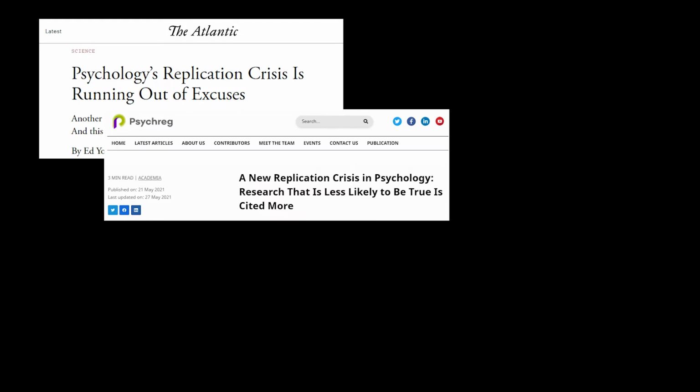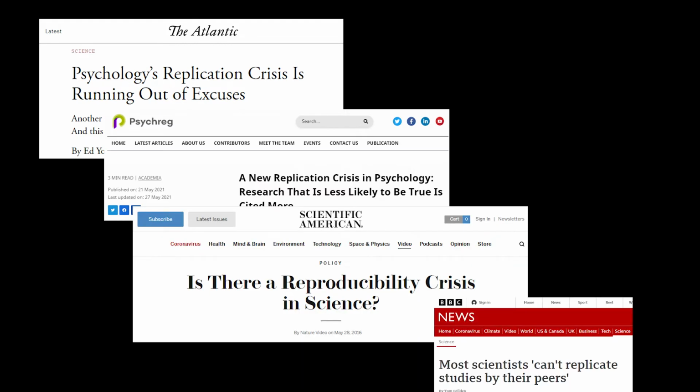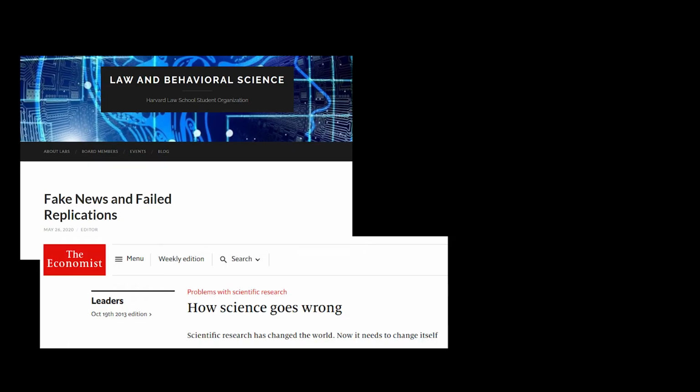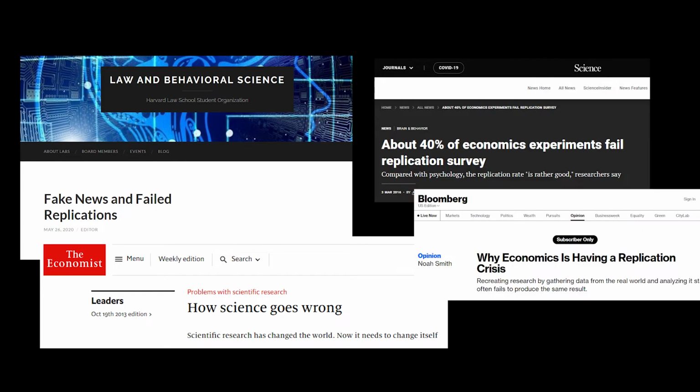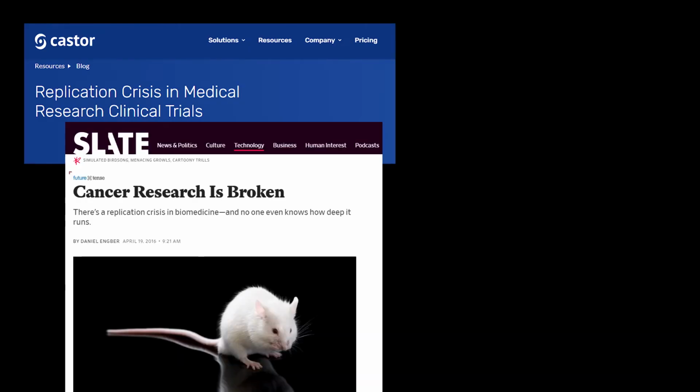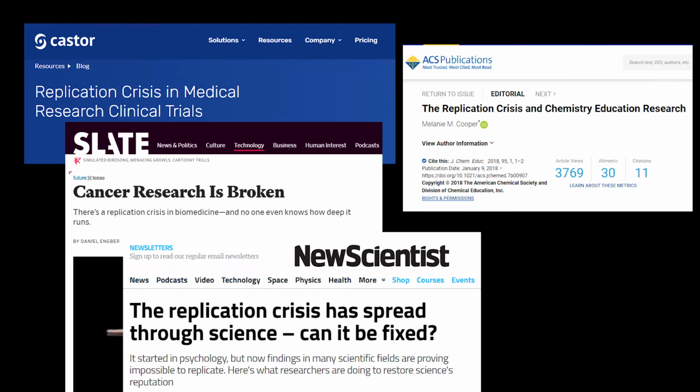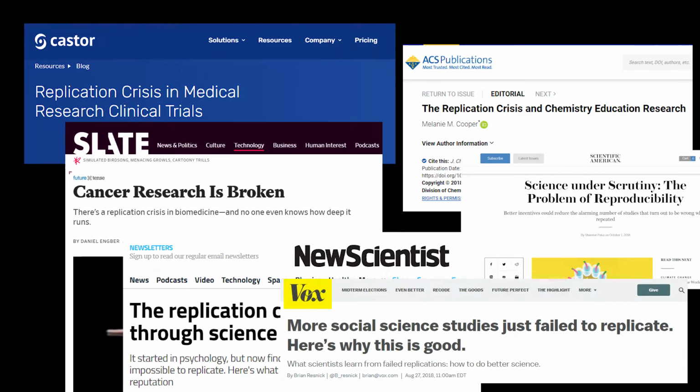Now, to give you an understanding of the gravity of this replication crisis, it is not only affecting the field of psychology, particularly social psychology, but also the field of economics, especially behavioral economics, and everything from medicine to cancer research, from biology to chemistry, from engineering to the earth sciences, and the list goes on and on.